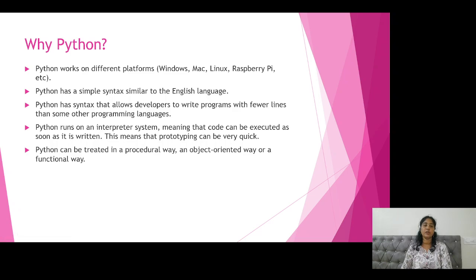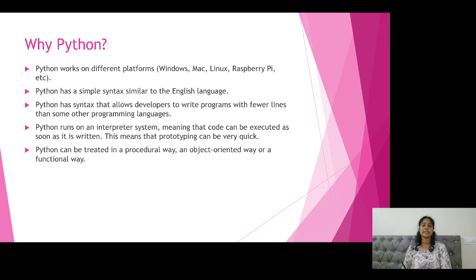Exactly why do we have to learn Python when we have many other programming languages? Python works on different platforms: Windows, Mac, Linux, Raspberry Pi, etc. Python has a very simple syntax similar to the English language so that everybody can learn easily.